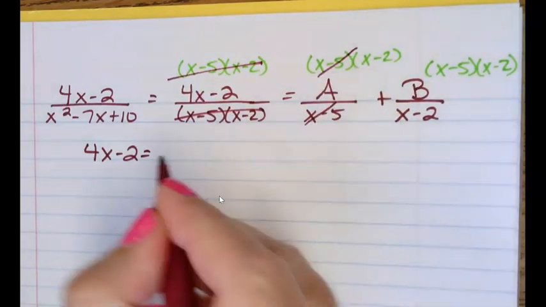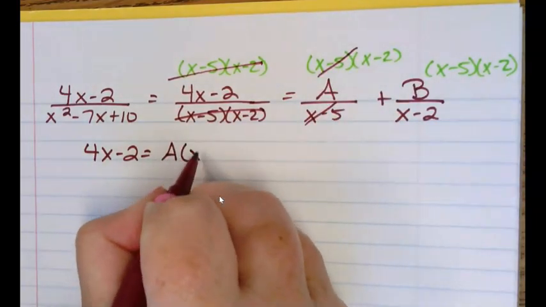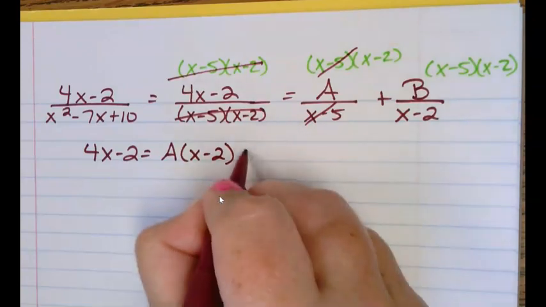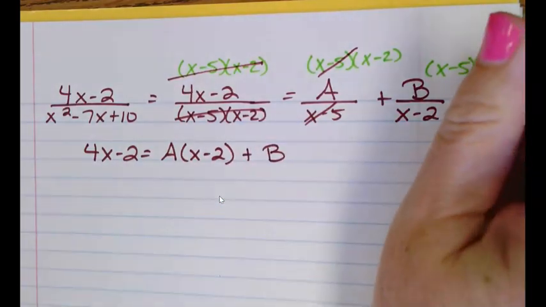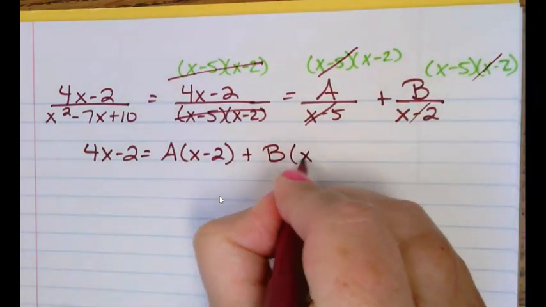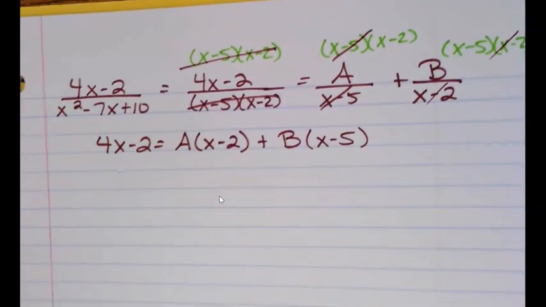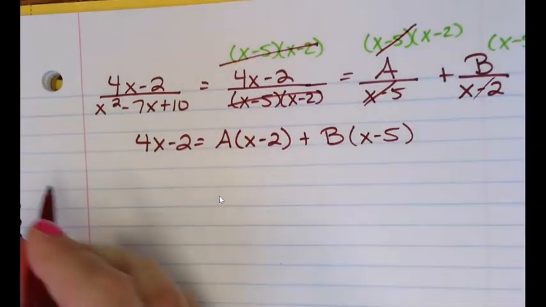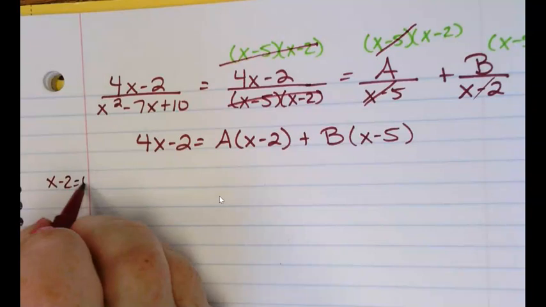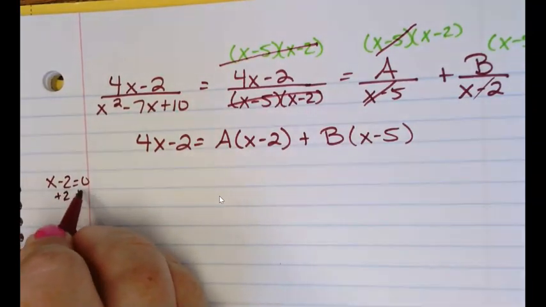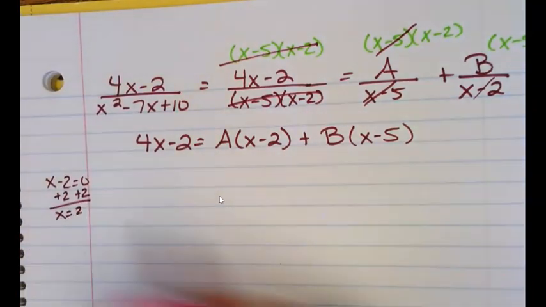The x minus 5 cancels out, so we're left with a and x minus 2. And x minus 5. Okay. So you take the x minus 2, set it equal to 0, and solve. So we get x equals 2.